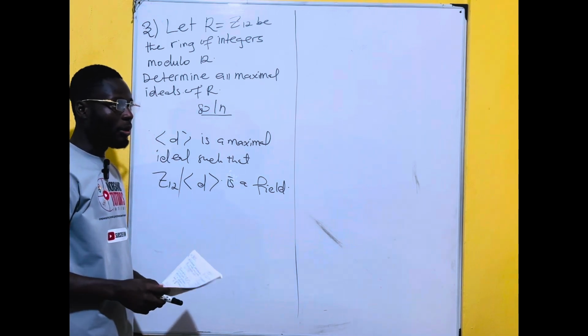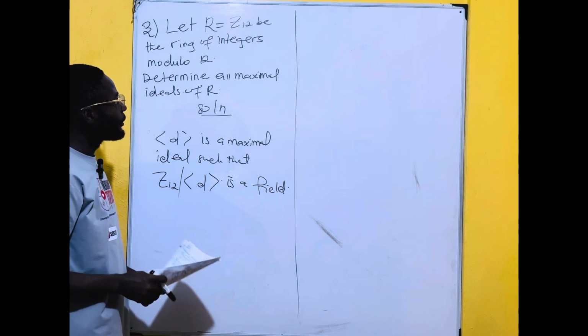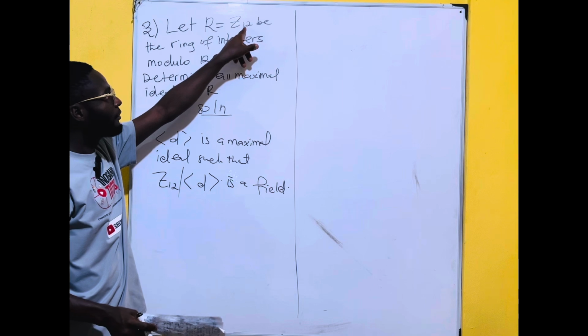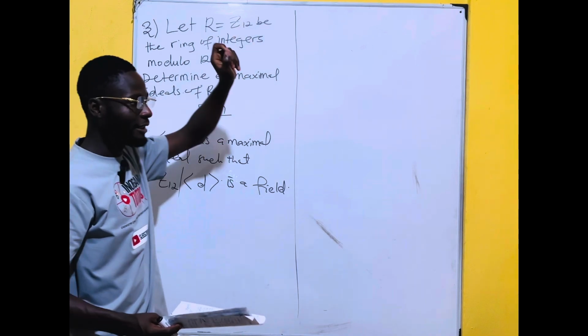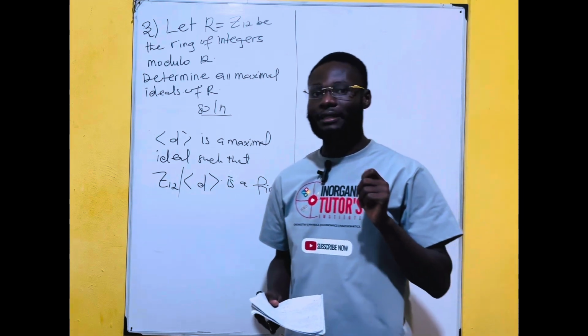So what we have to check is, in modulo 12, we have ideal (3), ideal (4), and ideal (6).